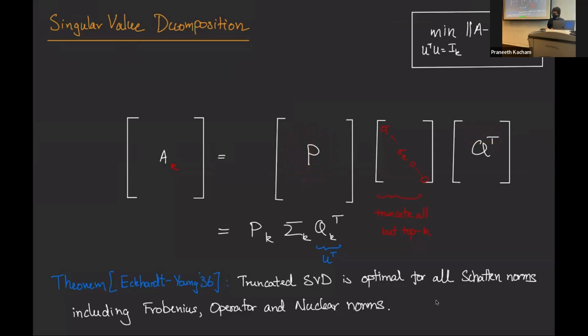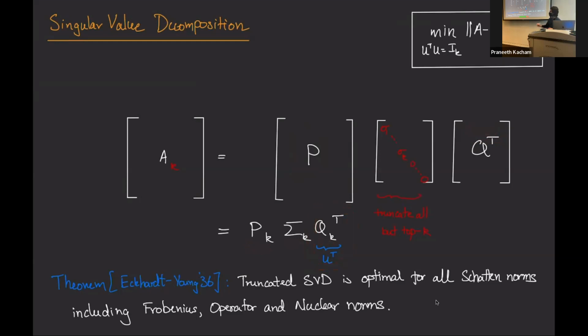And the resulting matrix we'll denote by P sub K, sigma sub K, and Q sub K transpose. This is the truncated matrix where I ended up picking the top K rows of Q transpose and the left K columns of P. And now the optimal solution is actually given by setting U transpose to be equal to Q sub K transpose.